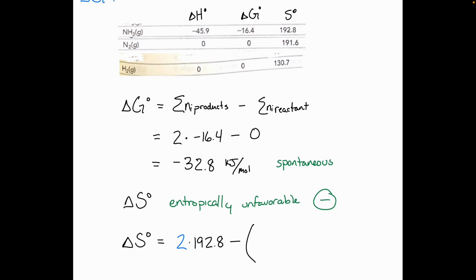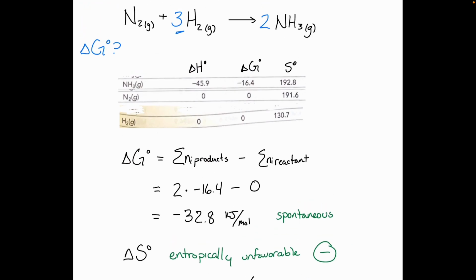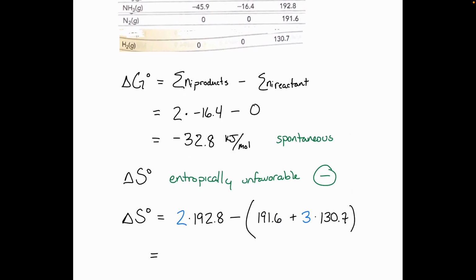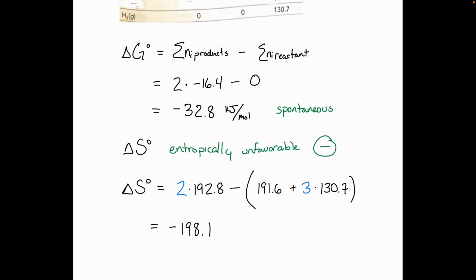My 191.6 plus 3, and again 3 because that's my stoichiometric coefficient, times the 130.7. Punch that all into my calculator, and I indeed get a negative delta S for entropically unfavorable.